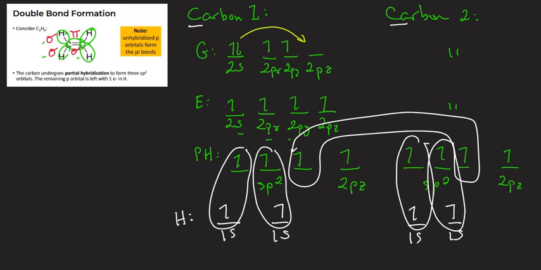So we have a sigma bond between carbon and carbon, a sigma bond here between carbon and hydrogen, another here between carbon and hydrogen, and another sigma bond here between another carbon and hydrogen, and another one right there. Before I continue, I don't like leaving it like this. I'm going to change the spins on these electrons. Instead of them both being spin up, this is now going to be spin down, this is going to be spin down, and spin down. Okay, good.